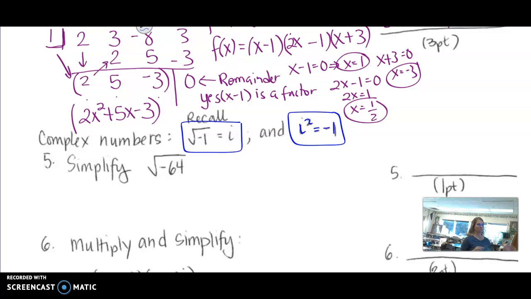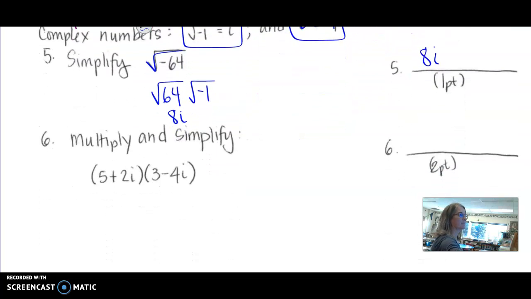And the square root of -1 is i, so let's simplify the square root of -64. We can split that into the square root of 64, which is a perfect square, and multiply by the square root of -1. The square root of 64 is 8. The square root of -1 is i. So the way that you would write the square root of -64 in simplified form is 8i.